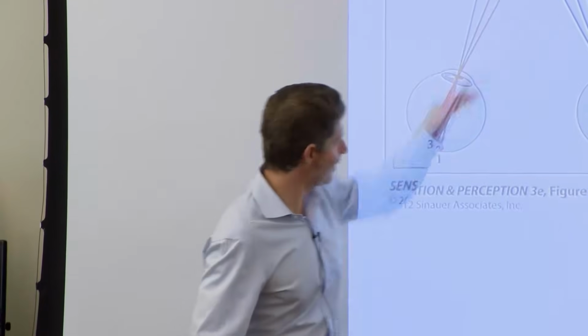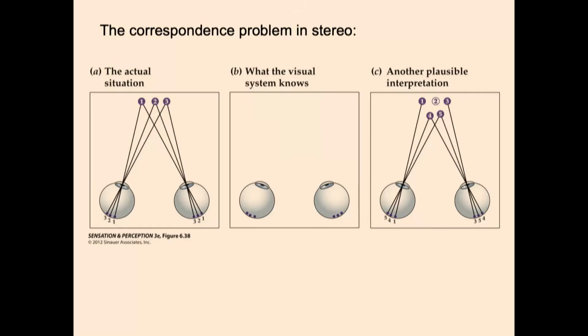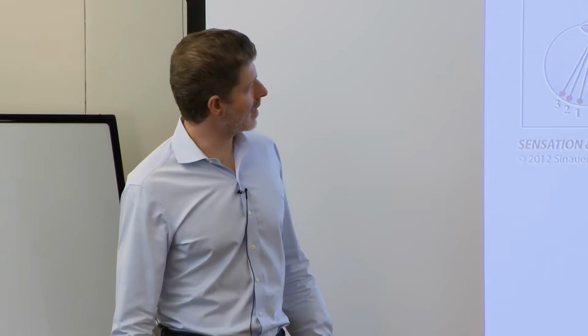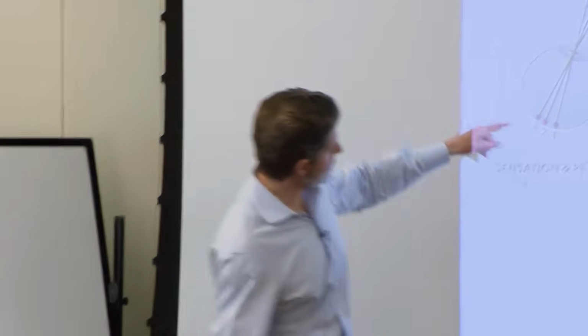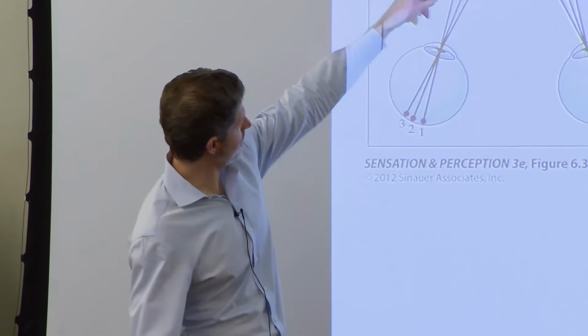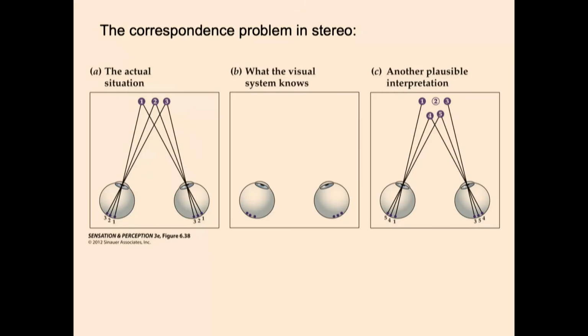All you get is this: two images in the two eyes, and then you're trying to infer what's out there in the world. You could create these three dots from three dots in a row at the same depth, but other arrangements of dots at different depths could produce the same thing.